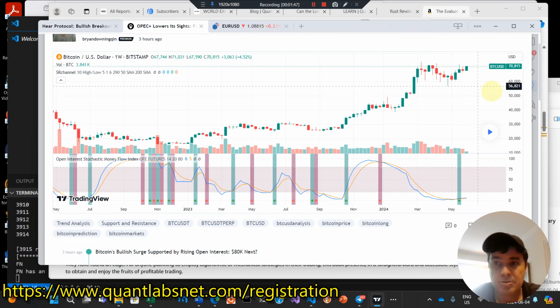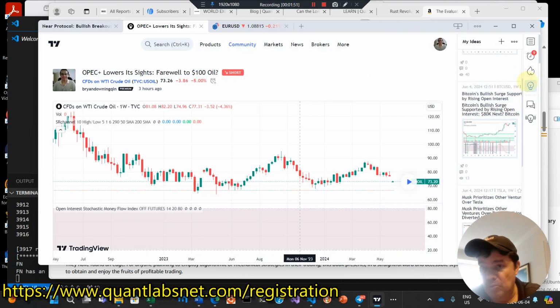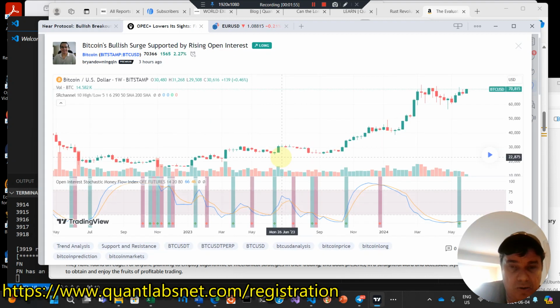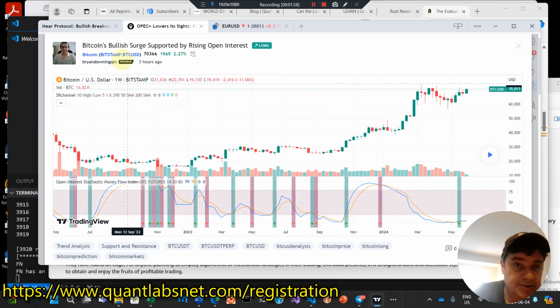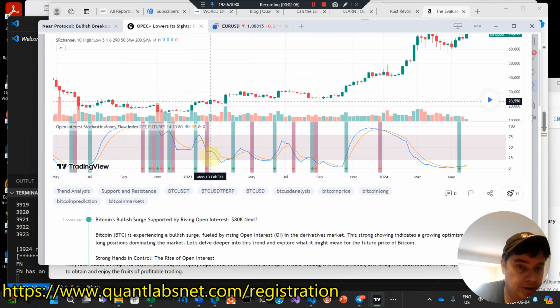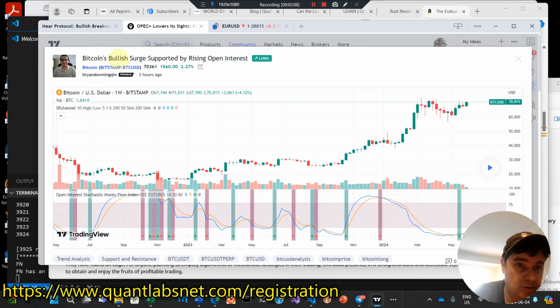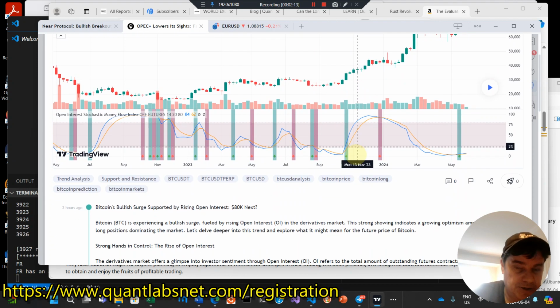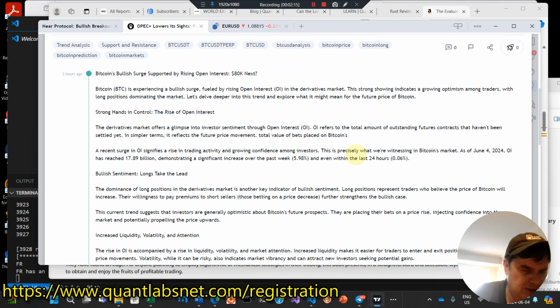One of the interesting ideas I put on Bitcoin on TradingView today was, Bitcoin is bullish because of this right here. This is based around open interest, and this is a weekly chart. You can see the title here: Bitcoin bullish surge supported by rising open interest. You can get more details here about open interest. You could say that about any contract.